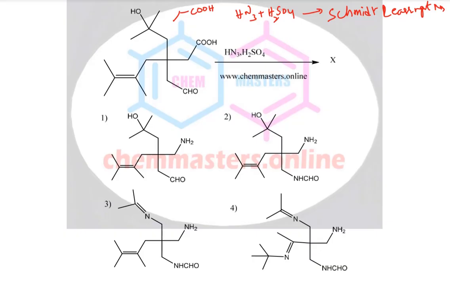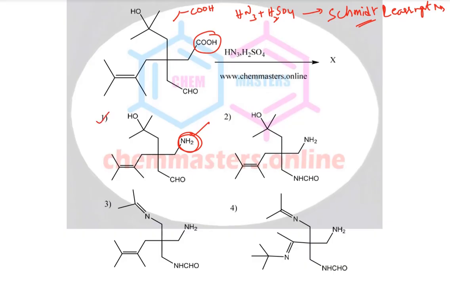And more than 90% of aspirants just choose the first option as the answer, because all of them just know that only the carboxylic acid functional group reacts in Schmidt rearrangement and produces a one carbon less amine, a primary amine, as the product.